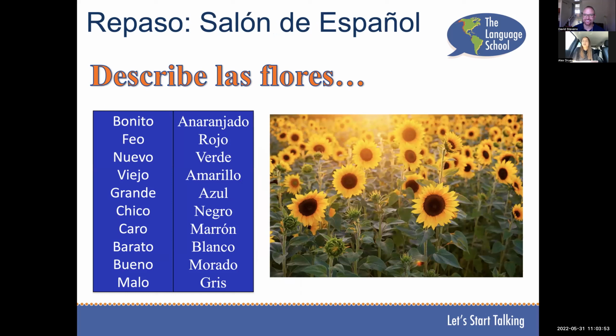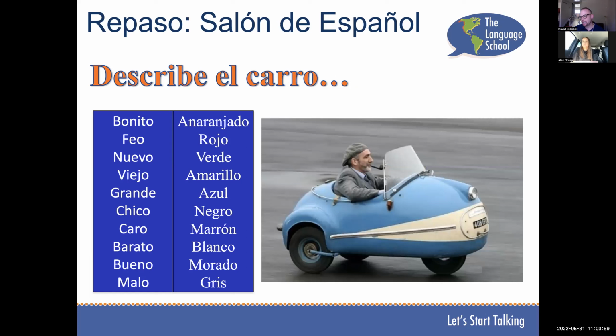Las flores son bonitas y amarillas. Describe el carro. El carro son. Here it would be el carro es. El carro es chico y azul.